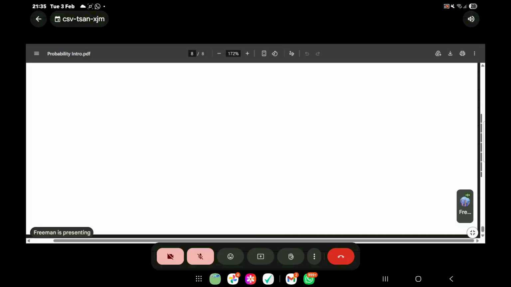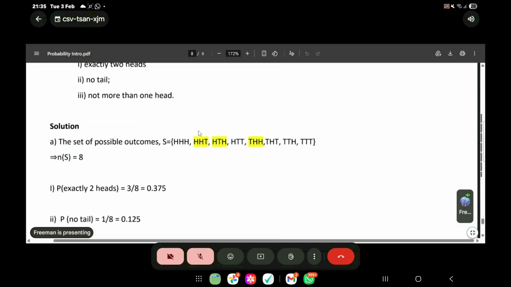Okay. 3 coins. It's possible all of them will bring heads. If you do it well, you don't do it randomly. Look at it. Head, head, head. Then you take away the last head: head, head, tail. Then you take away the middle head: head, tail, head.